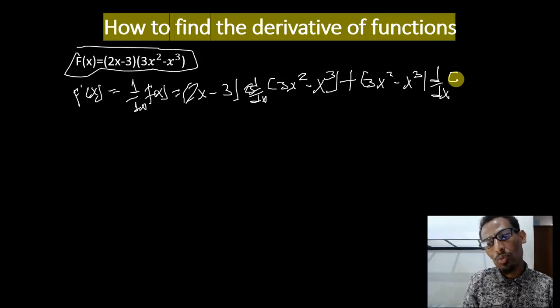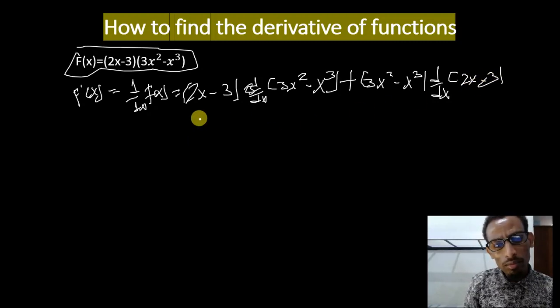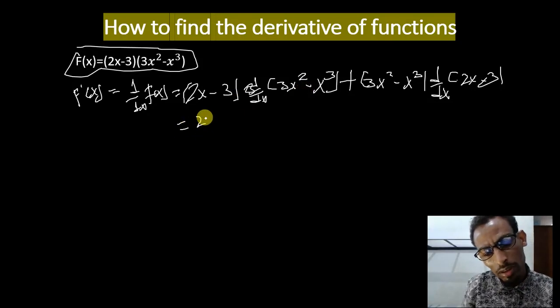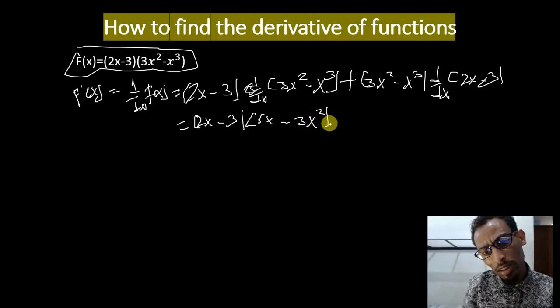So 2x minus 3. Then we need to apply the derivative of this function, multiplied by 2x minus 3. The derivative of this function is given by 6x minus 3x squared, by applying the power rule.